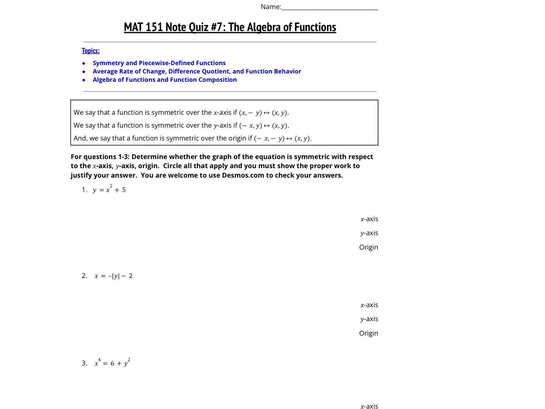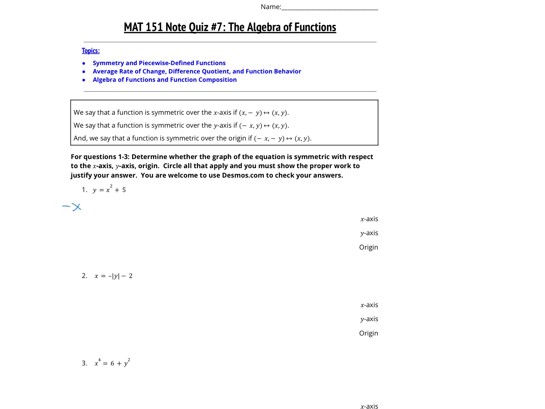So let's start off with first talking about symmetry. The idea is to think about what properties graphs will have with regards to symmetry, which means being able to divide them into equal parts when you look at a line of symmetry. So for the first one, we want to replace x with negative x and see what we get.